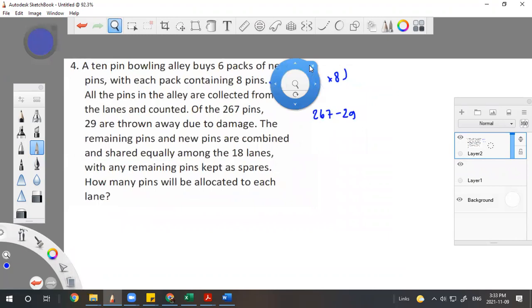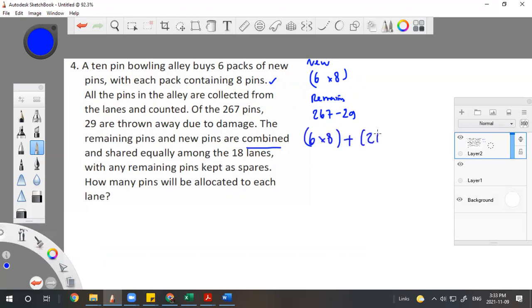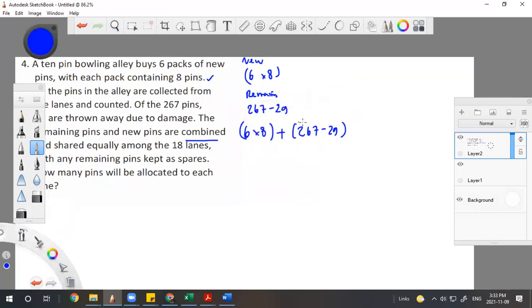The remaining pins and the new pins are combined. So 6 times 8 plus 267 minus 29, and then shared equally among 18 lanes. You have to multiply this first, 48 plus 267, subtract because you throw away, not divide.